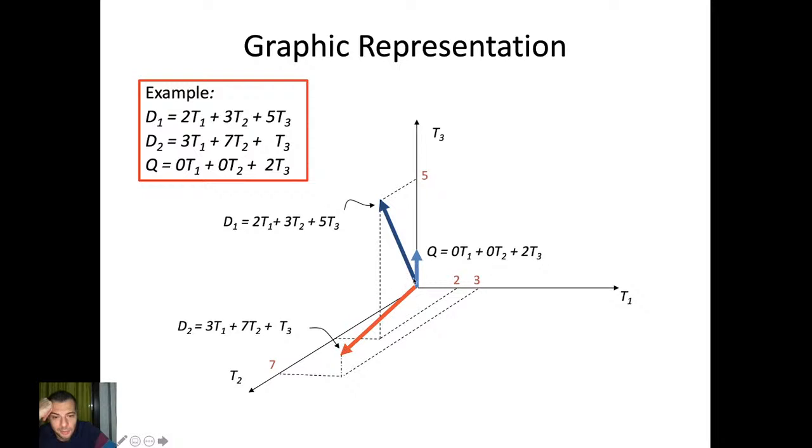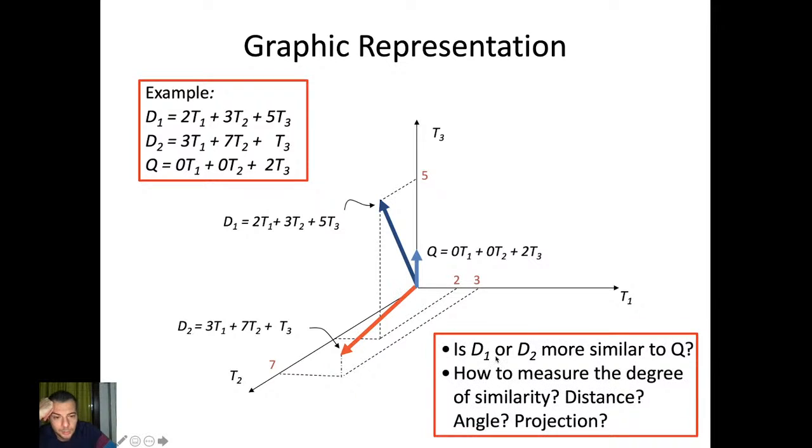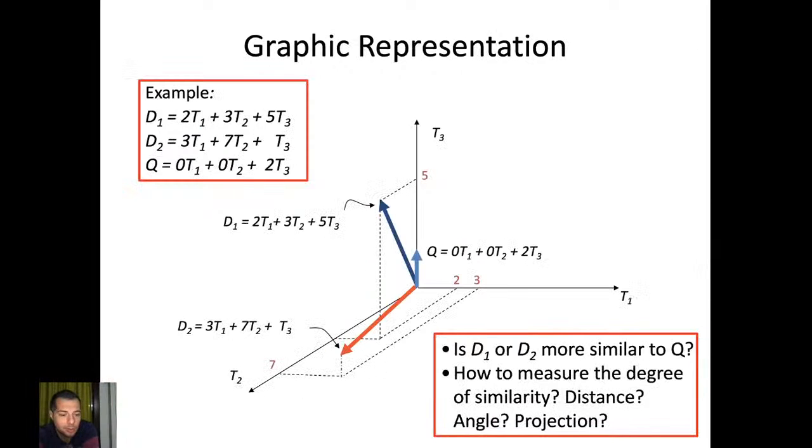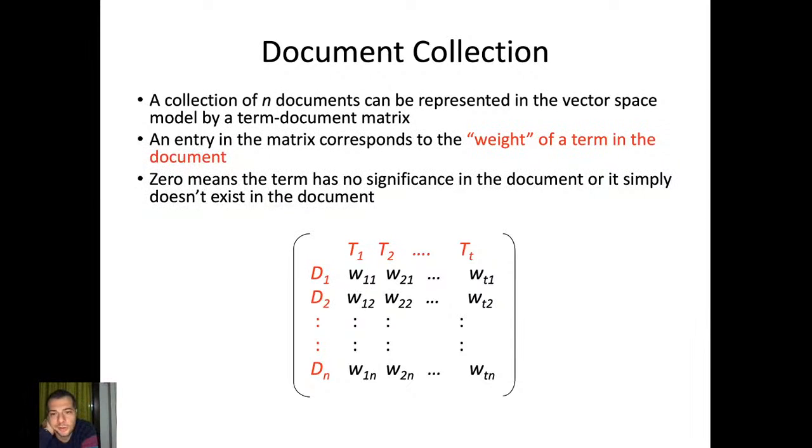So these are the vectors, and now we can think of computing similarities between documents and queries. So is document 1 more similar to the query or document 2? How do we measure the degree of similarity? Do we use distance, angle, projection, and so on? Actually, I think the most common way to do it is to use the cosine similarity or the scalar product.